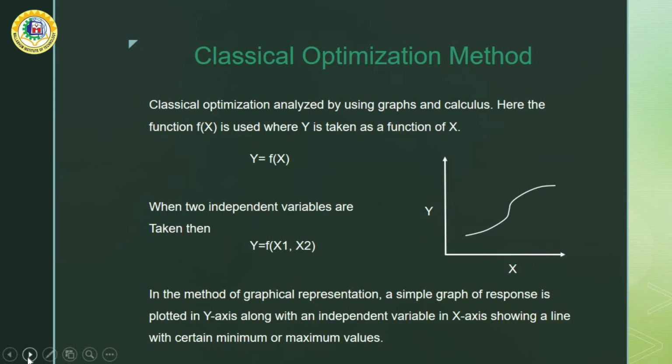In the method of graphical representation, a simple graph of response is plotted on the y-axis along with the independent variable on the x-axis, showing a line with certain minimum and maximum values. In the classical optimization method, with the help of the first derivative and second derivative of the objective function, we can find out the extreme maxima and minima values.